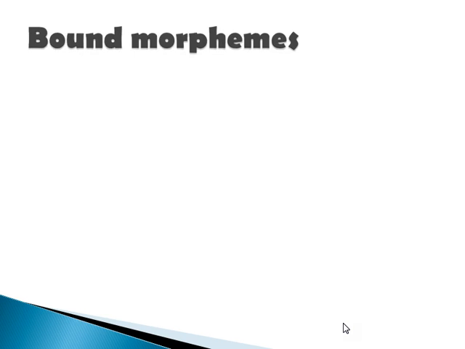Well, bound morphemes are morphemes that are not free. Oh my God, Joshua, you helped a lot, you know. You said you have free and bound morphemes, and bound morphemes are those that are not free. But I don't know what a free morpheme is. Well, what does it mean to be free?